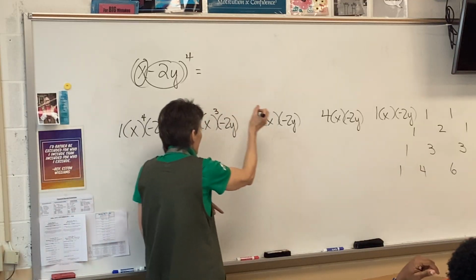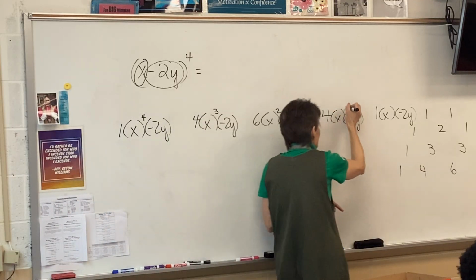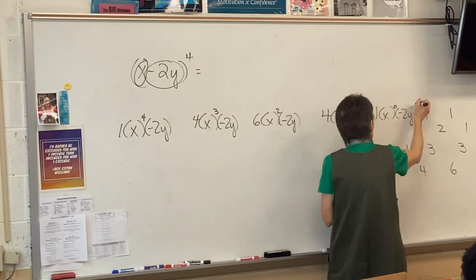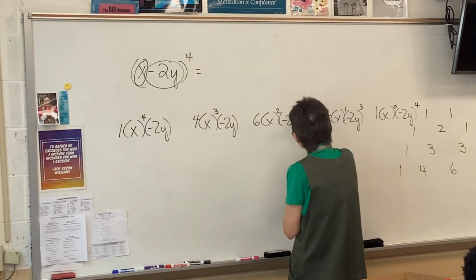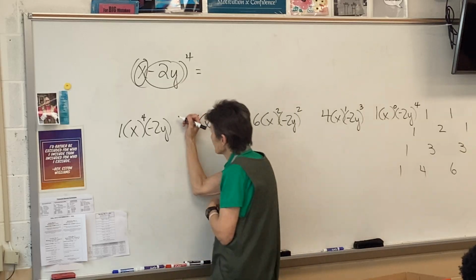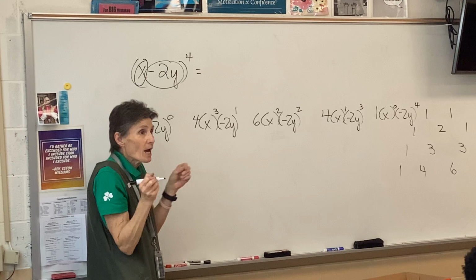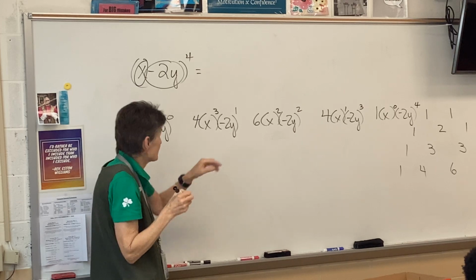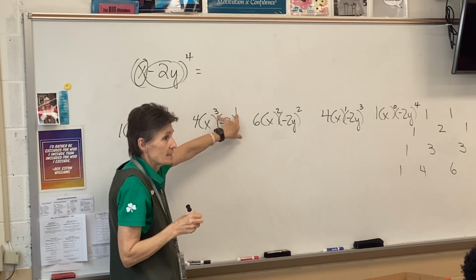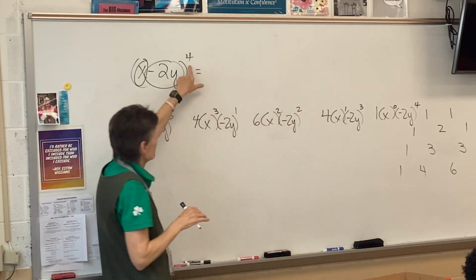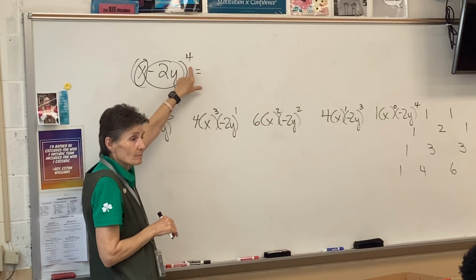And then they count down. And then the y's do the same thing in the other direction. And my little check as I'm going is the exponents in each little term all have to add up to that number.